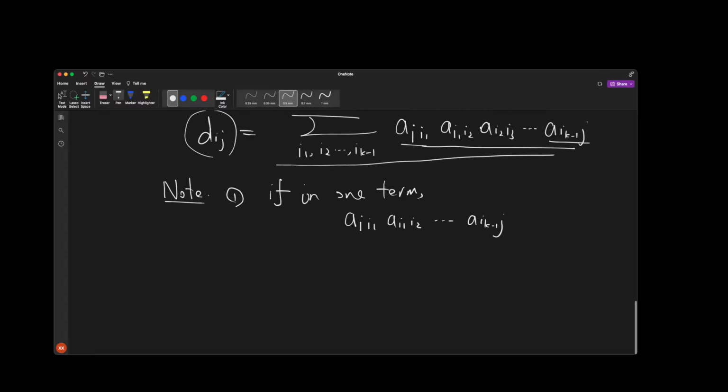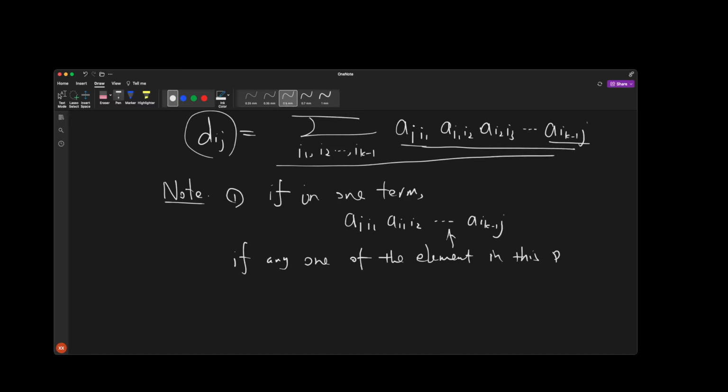In this term, if any one of the elements in this product is 0, then this term is 0. I'm just saying that if one of them is 0, the product is 0.